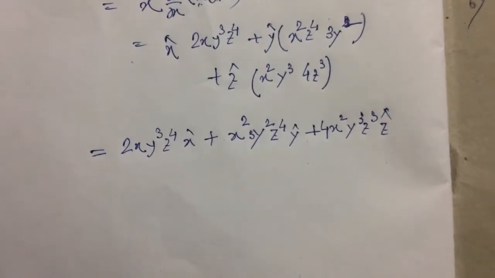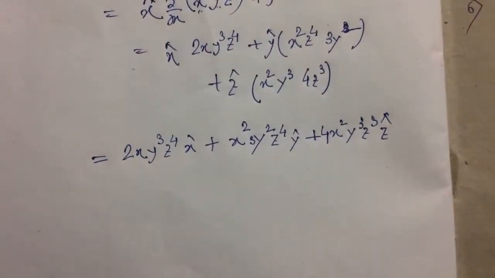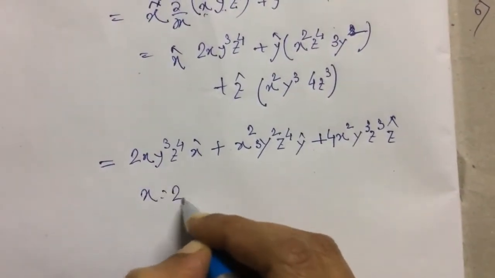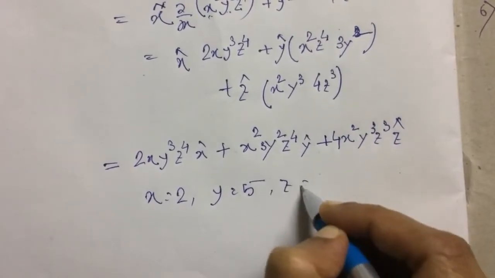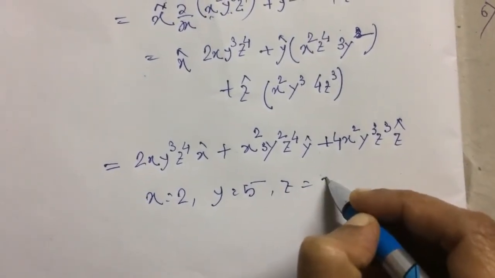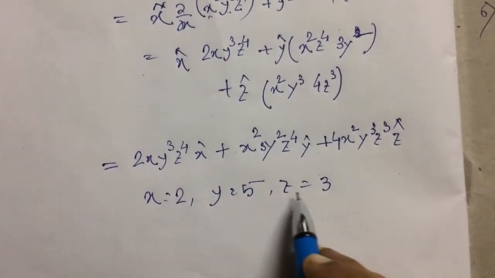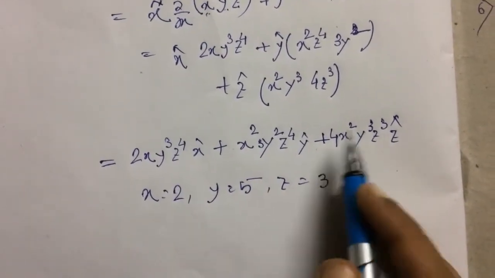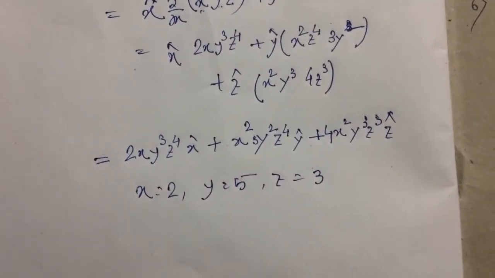Suppose we are given the value of x, y, z. For example, if we are given that x equal to say 2, y equal to say 5 and z equal to say 3, we just put the values of x, y and z over here, and we'll find out the value of del f.